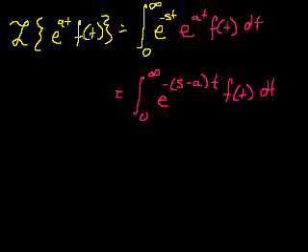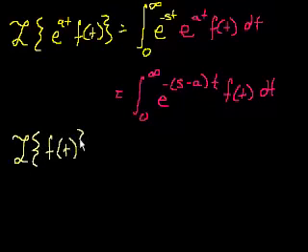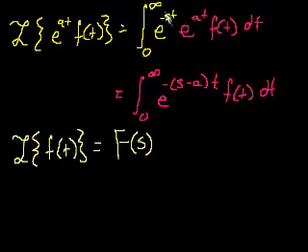Now let me show you something. If I were to just take the Laplace transform of f of t, that is equal to some function of s, right? Whatever we essentially have right here for s, it becomes some function of that. So this is interesting. Let me rewrite this.